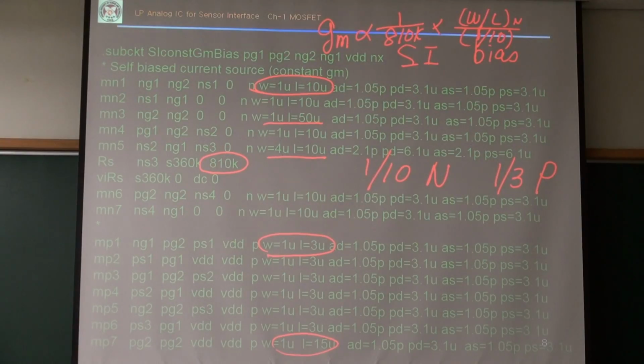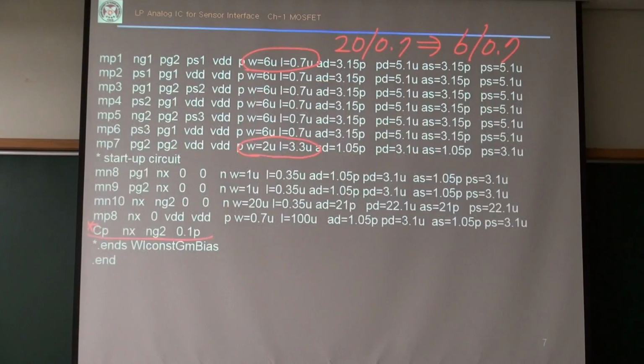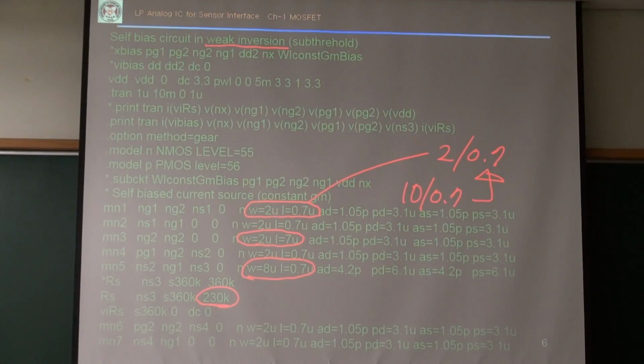And then for the weak inversion, we use the resistor of 230K.